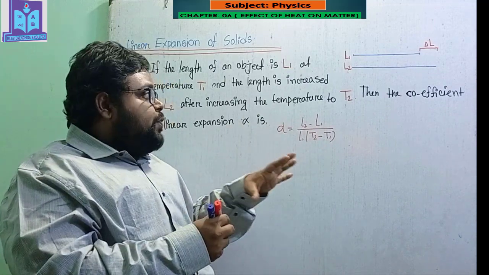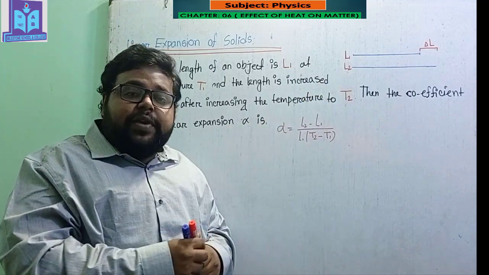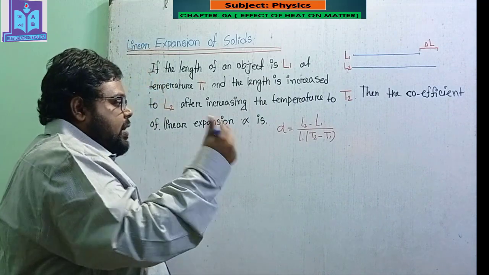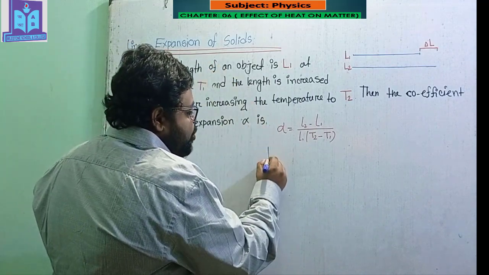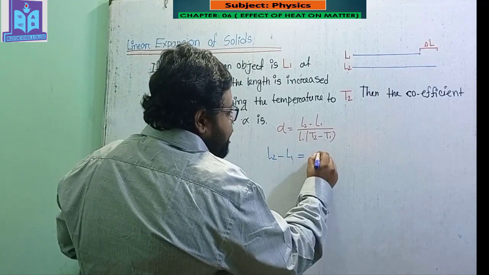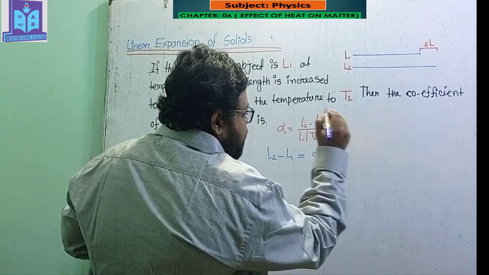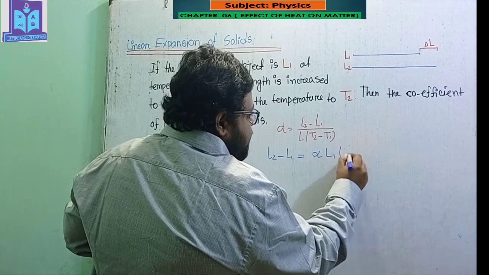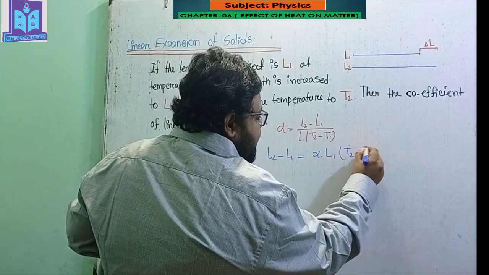By using that equation, if I want to find out the increased length, then I have to do that: L2 minus L1 equals alpha L1 into T2 minus T1.